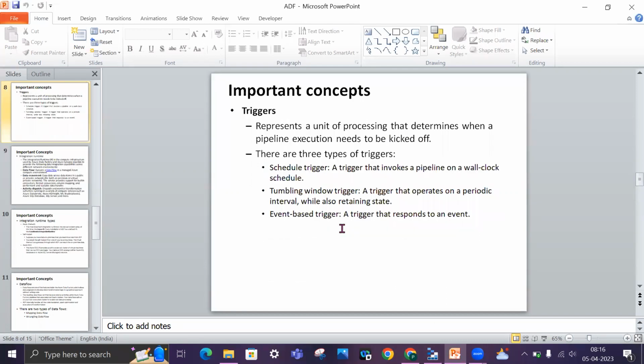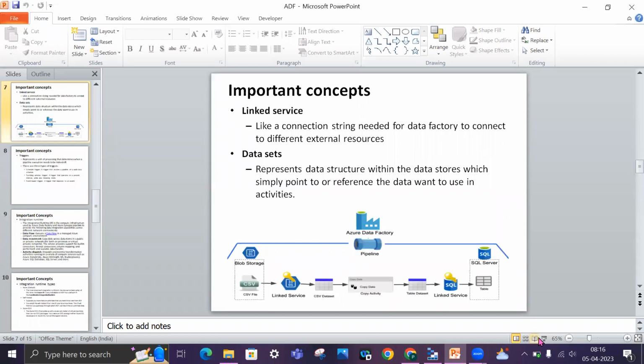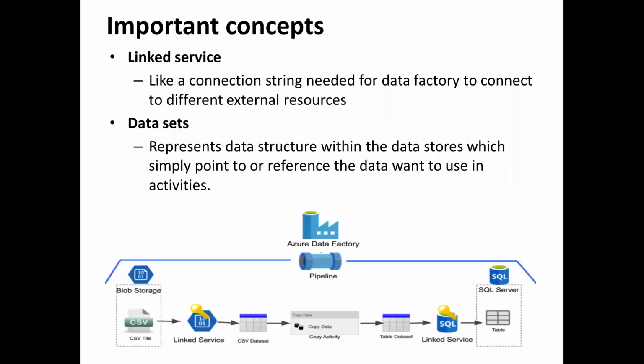If you remember this diagram, the data comes from here to here, right? And then the copy activity moves it to the destination. In a diagram, it looks like everything is in the sky, but underneath, the data copies from here to here.